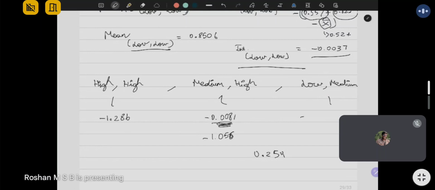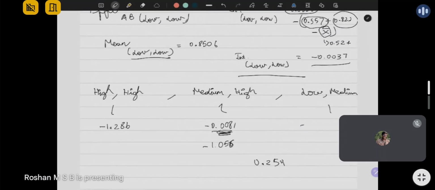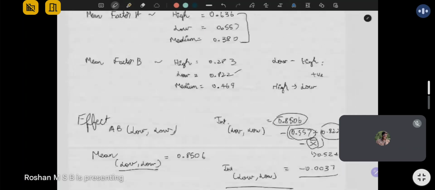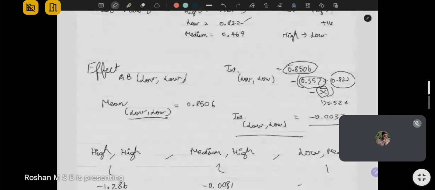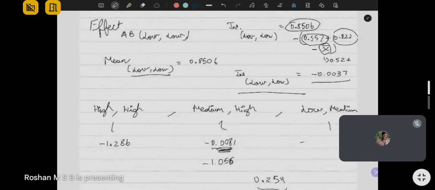Then low medium, the data point is 0.259. And low medium is minus 0.595.